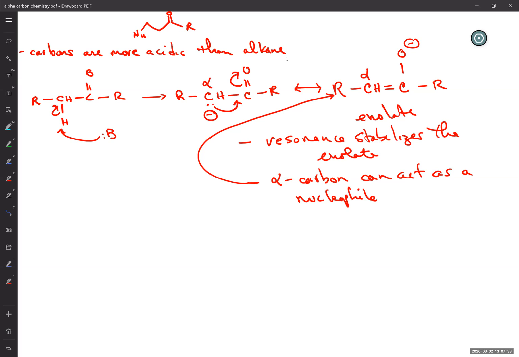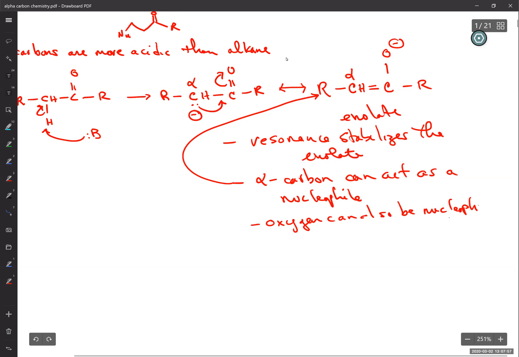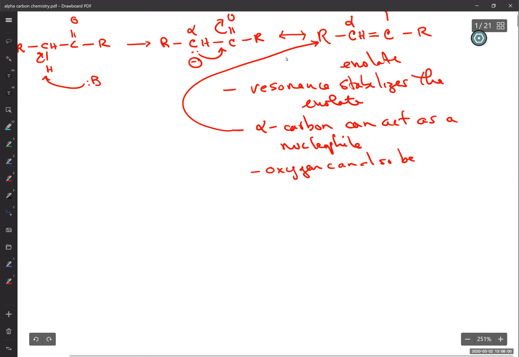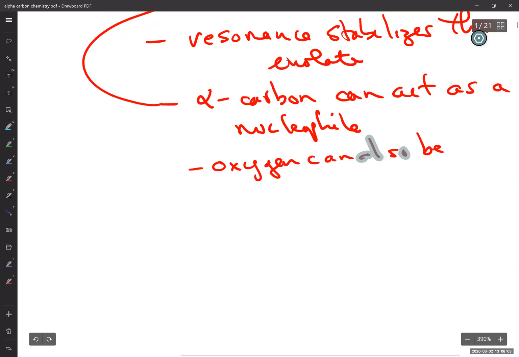Just a side note, there's actually two nucleophilic sites on this one. The alpha carbon is a nucleophile. The oxygen can also act as a nucleophile.